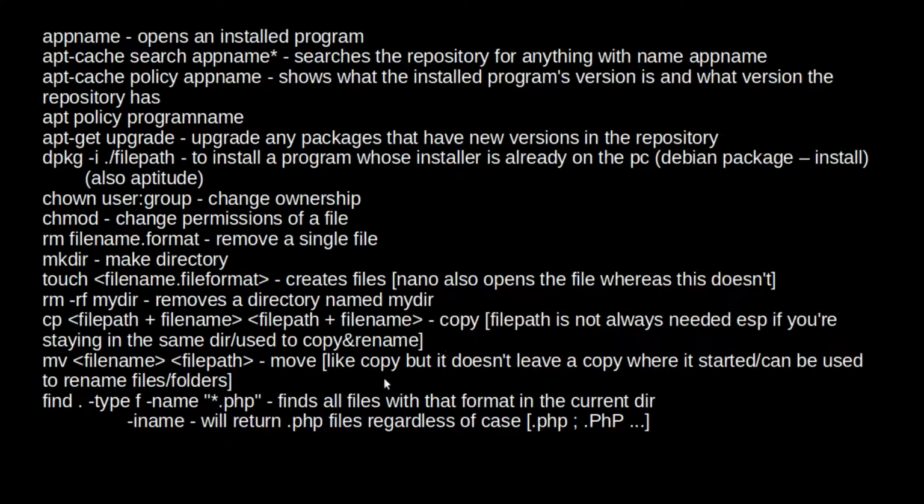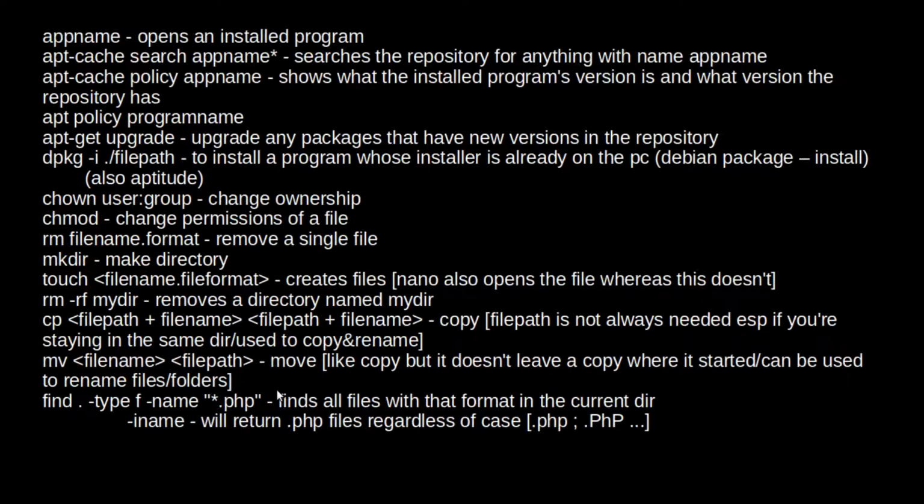You can also use mv to move files from one directory to another one. The syntax is mv filename file path. It's the reverse of the copy function. So like copy, but doesn't leave a copy where it started. And it can be used to rename files or folders.